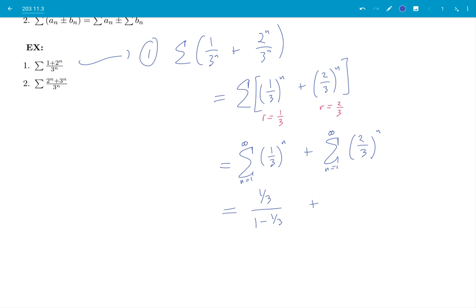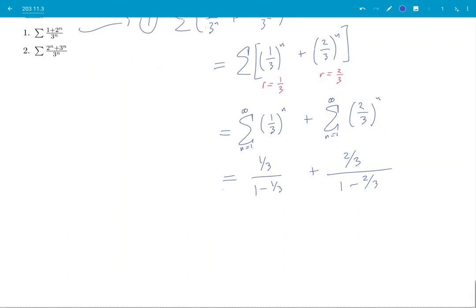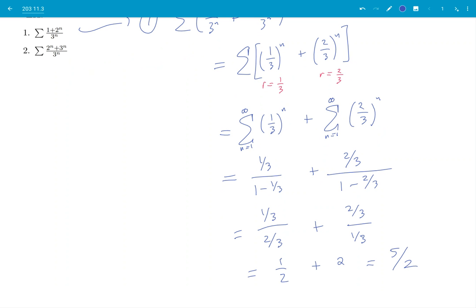For this guy, the first term is 2/3, and then the R is 2/3 as well. So sorting this out, 1/3 over 2/3 is half, plus 2, which is 2.5, which is 5 over 2. Okay.